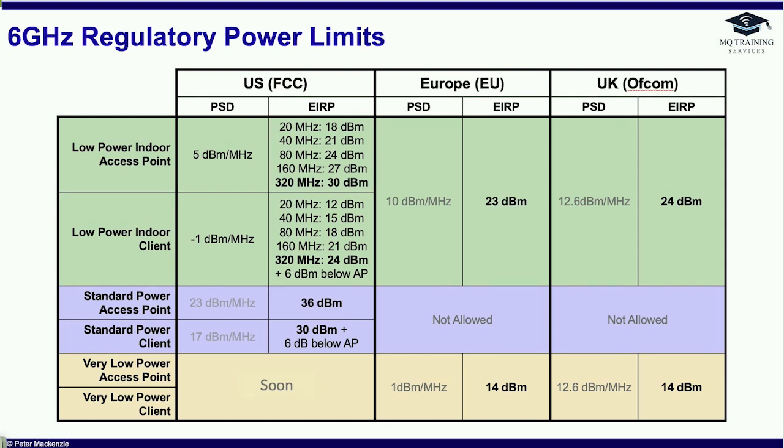So in the US, the client limit for a low power client is -1 dBm per megahertz. In Europe, for both APs and clients, it's 10 dBm per megahertz and 23 dBm EIRP. In UK, it's 12 dBm per megahertz, 24 dBm EIRP.